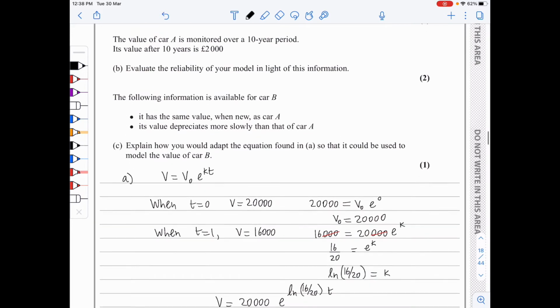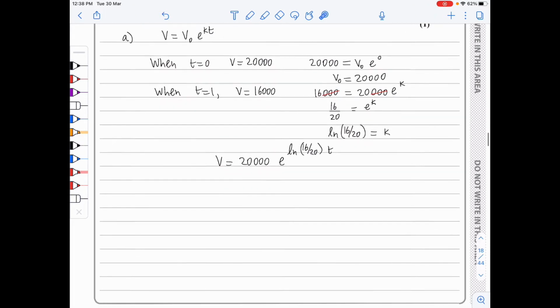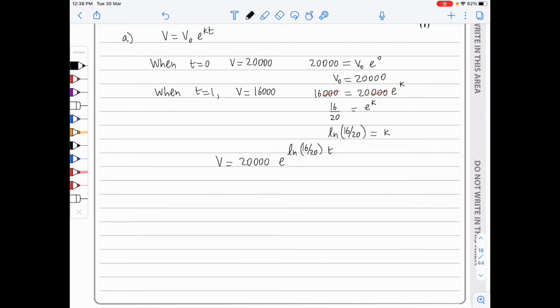In part B, we are monitoring the value for the first 10 years, and we found that after 10 years it is worth 2,000. And we need to evaluate the reliability of the model. So if the model is indeed a good one, then when t is 10, we expect an answer that's close to 2,000, which was the actual value observed after 10 years.